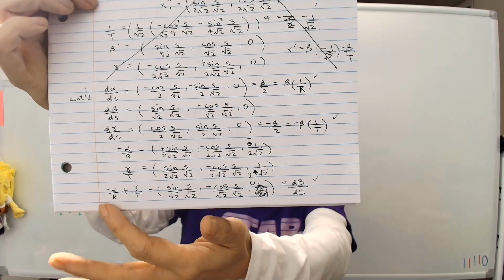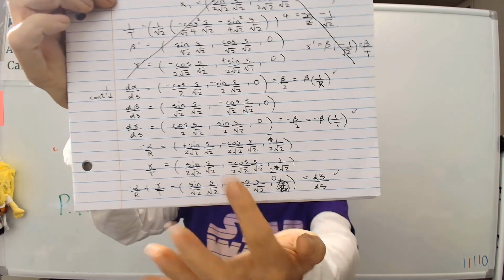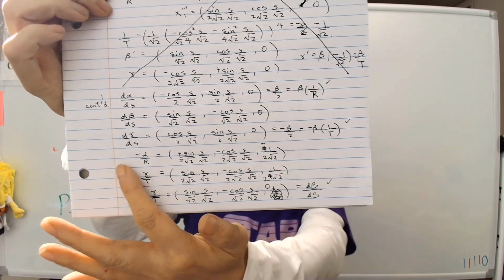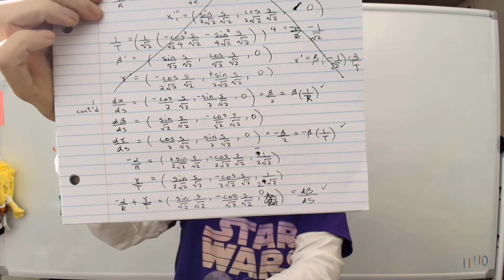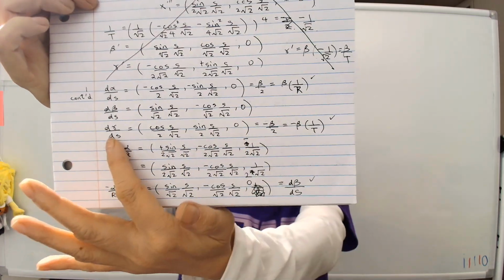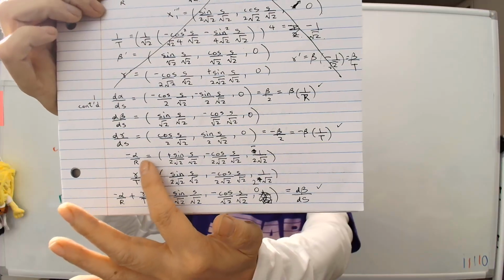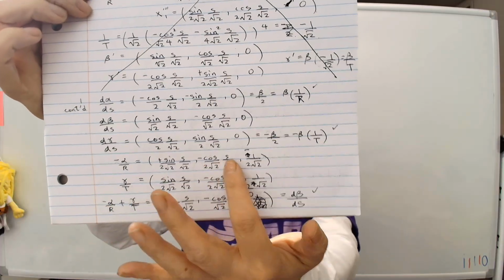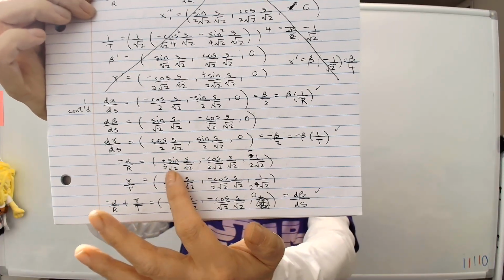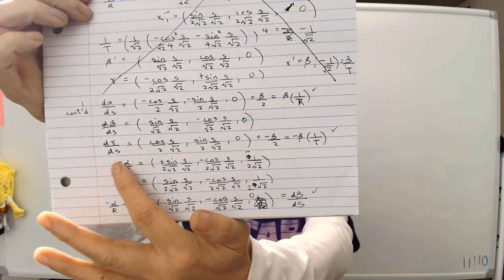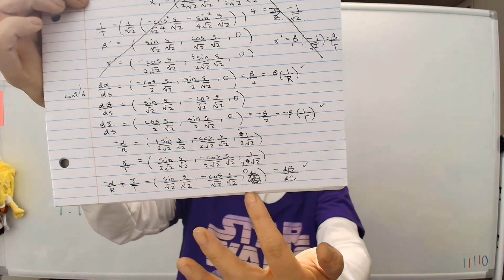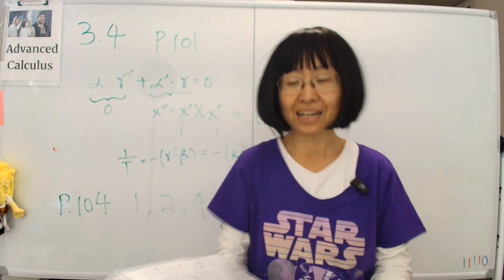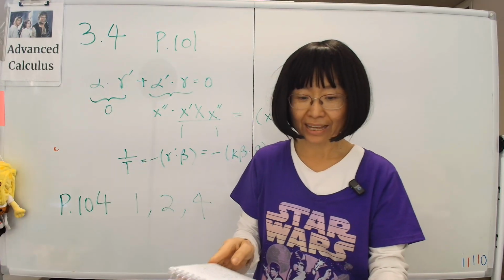And finally, this is the d beta by ds, which I calculated up there, but we have to confirm it by using the Frenet-Serret formula. So we do that, and I forgot to put a negative sign here, so at first I couldn't get it to work. But eventually I noticed there's a negative sign, so I changed the signs here, and then everything worked out just fine. And everything does confirm like it's supposed to.